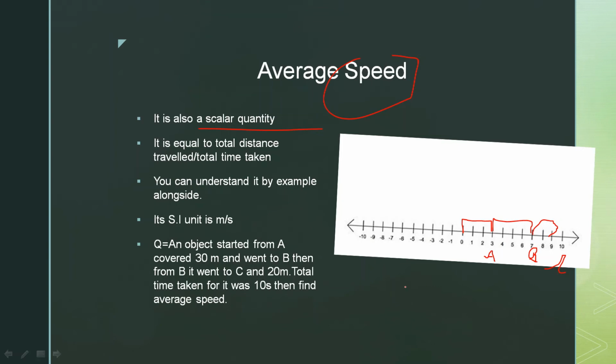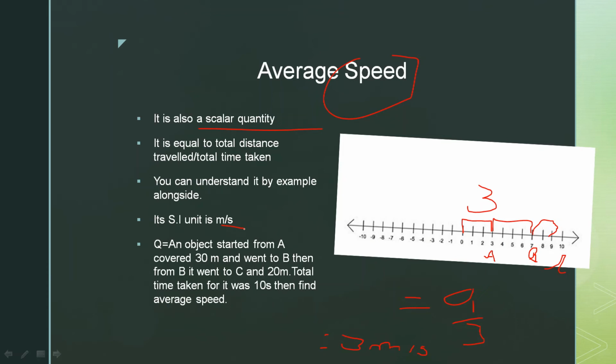Here the total distance covered will be 3 plus 3 plus 4 plus 2 equal to 9. And here suppose that object has taken 3 seconds to cover it. So the average speed will be 9 by 3 equal to 3 meter per second. You have to mention the SI unit. Okay, it's very easy. Its SI unit is meter per second.